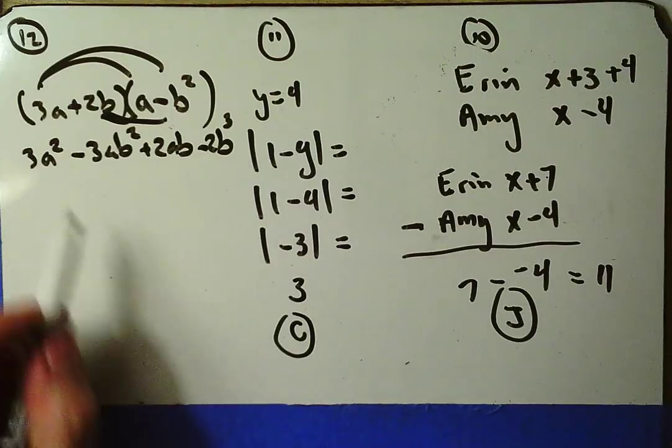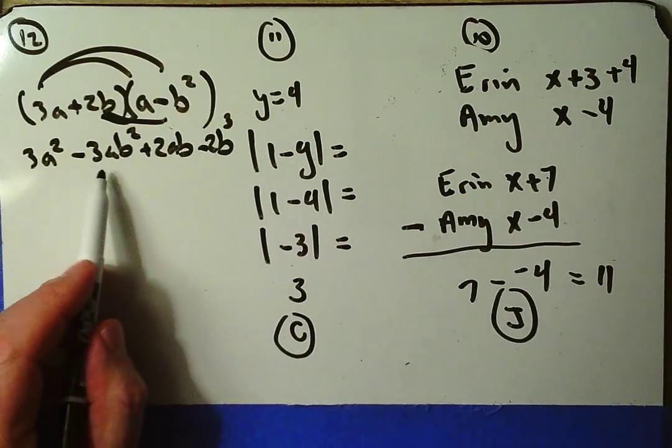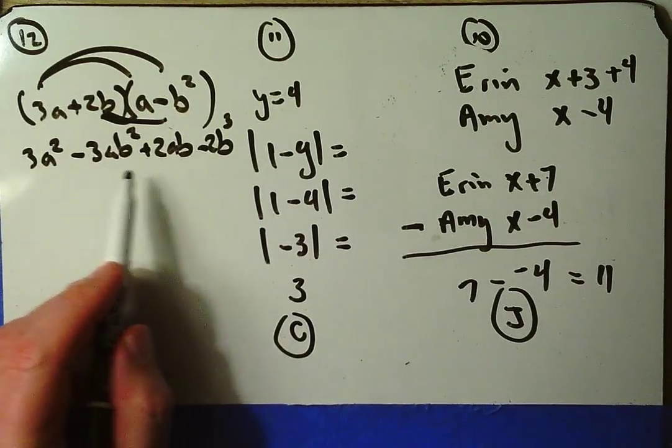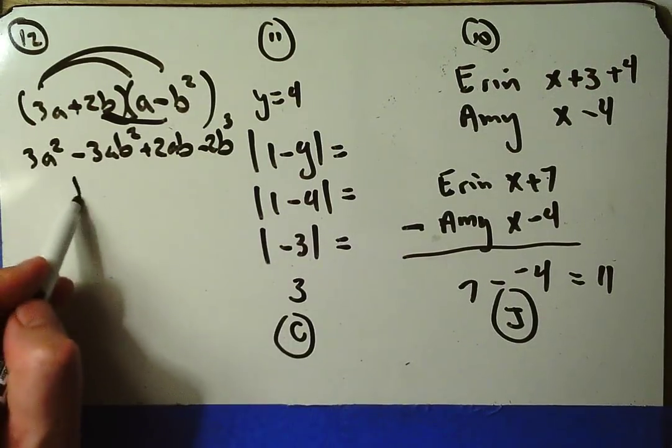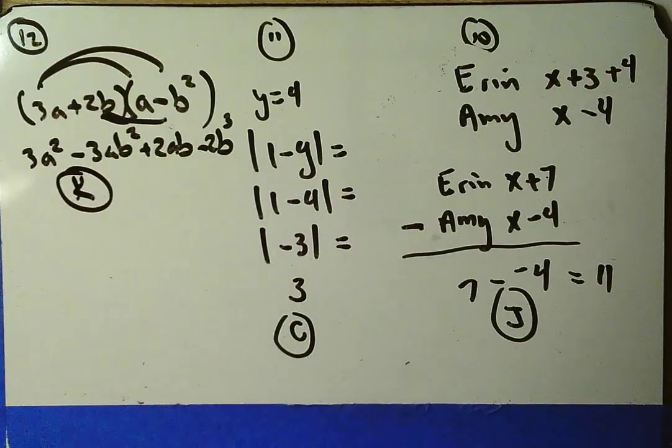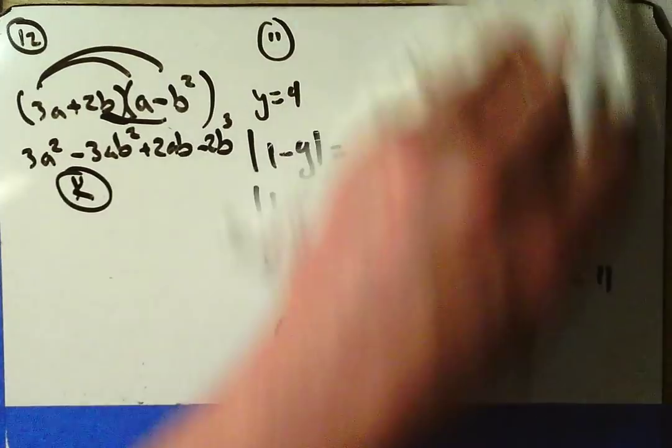So I've got 4 terms: 3a squared minus 3ab squared plus 2ab minus 2b to the third, and this is choice K. A simple foiling problem. Okay, 13.